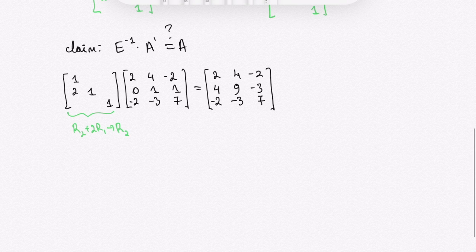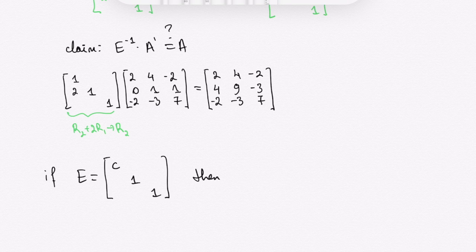So if you have E that equals something like this, say we multiply the first row by C, then E inverse would be 1 over C, 1, 1.